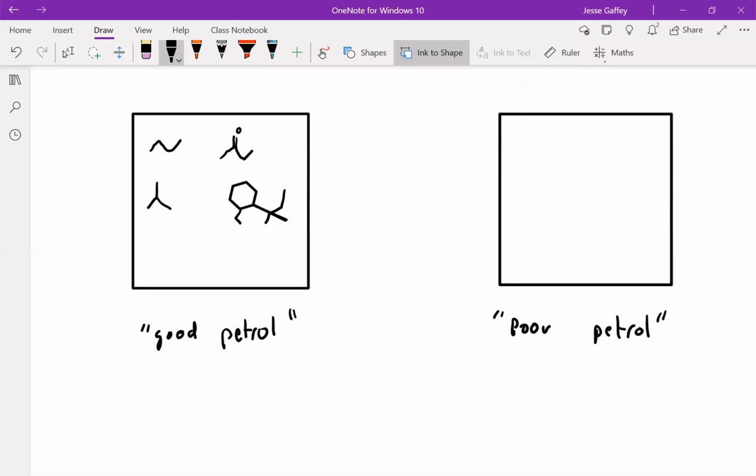So what I am drawing here is different molecules or the different hydrocarbons that make up the petrol.